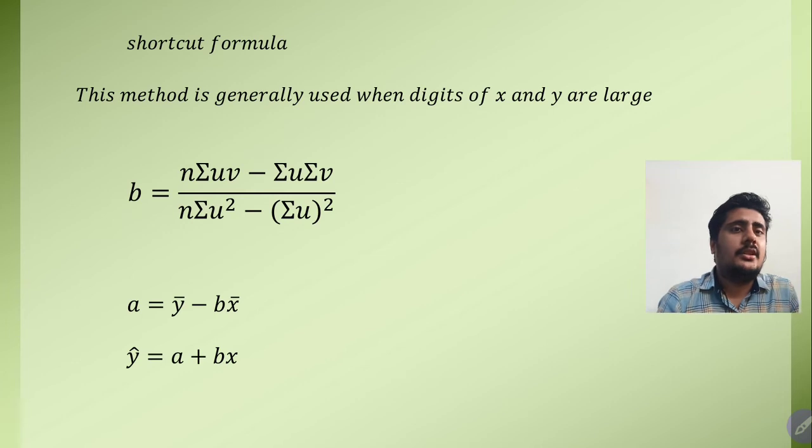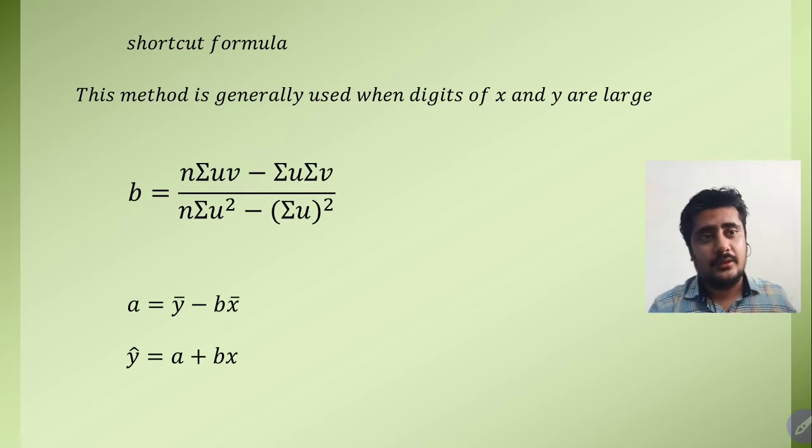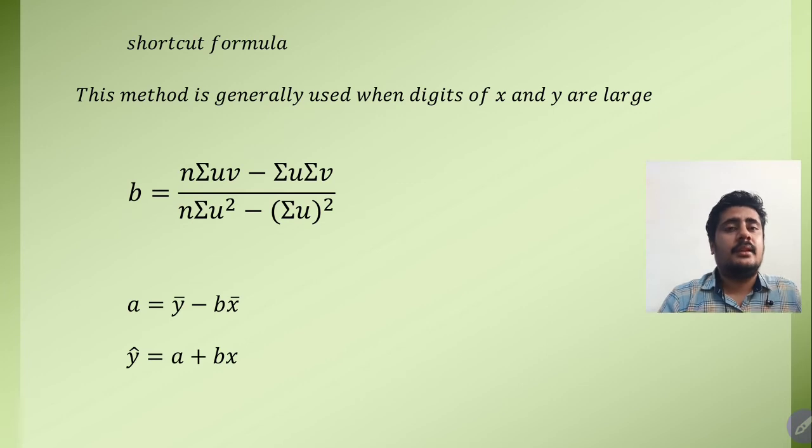Now why is this shortcut formula used? This method is generally used when the digits of x and y are large. That means if you get x in 100, 200, 300, 400, or you can get it in thousands also. Same way, if you get y in thousands, like 100, 200, 300, 500, 1000, 2000. What happens then?